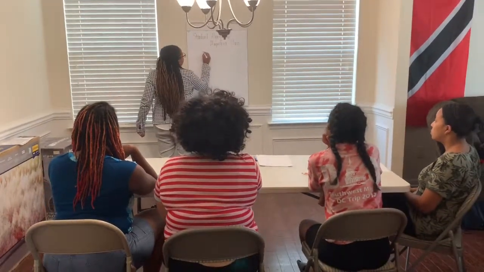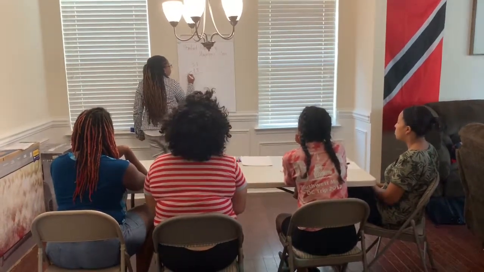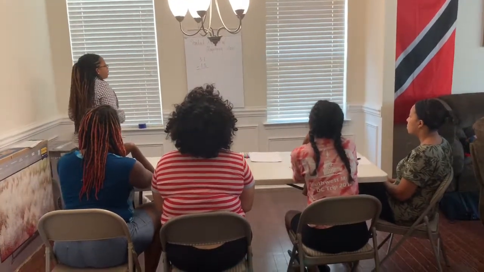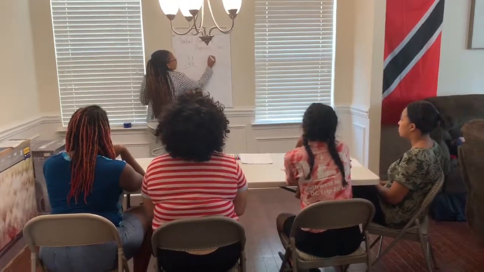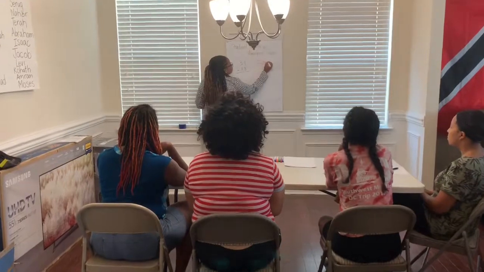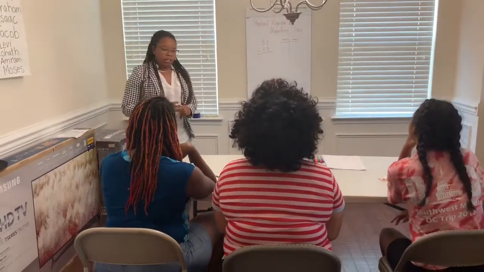So, the equation that I'm going to be using today, a two-digit subtraction equation, 31 minus 18. And next to my equation, I'm going to create a place value chart for our tens and our ones.